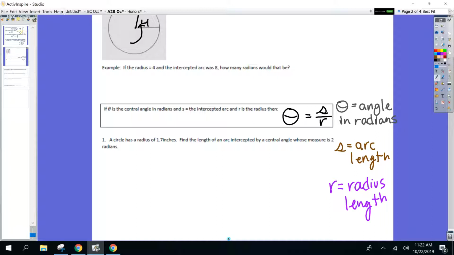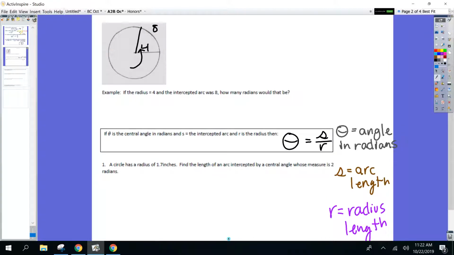Any problem we're going to do here involves the circle, the arc length, and the radius. So let's go back to our first example. What am I asking you to find in this problem? The angle measure.